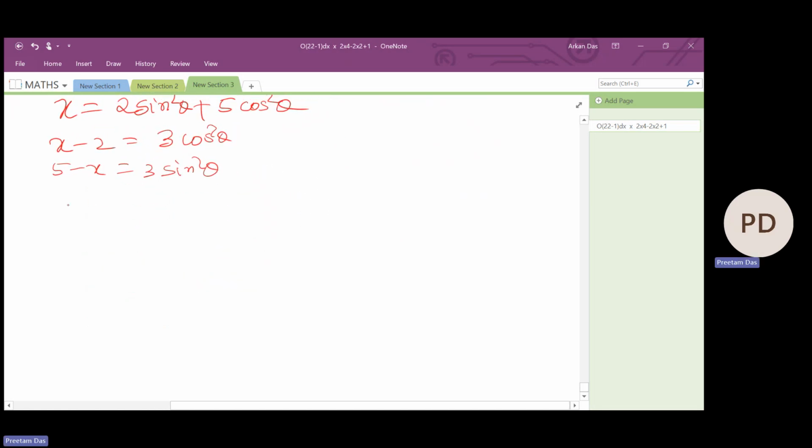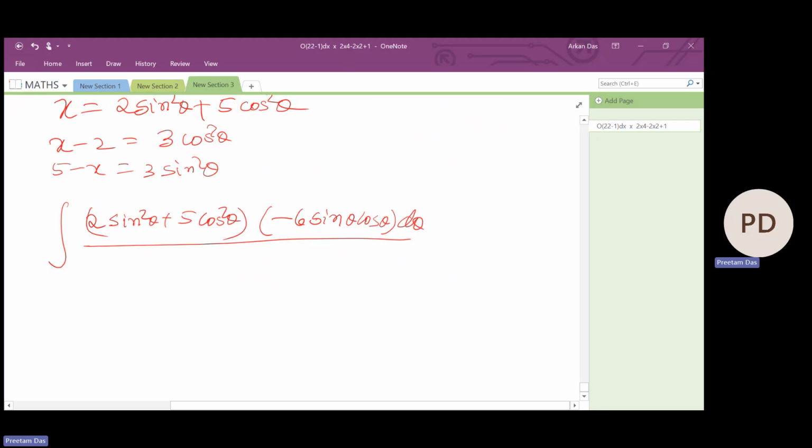Okay. So now what does it become? Differentiation also you have to do. So I'll show you here. It will become 2 sin square theta plus 5 cos square theta. When you differentiate this, at the end, it will become minus 6 sin theta cos theta d theta, the dx. Okay. So this becomes 3 cos square and 3 sin square.